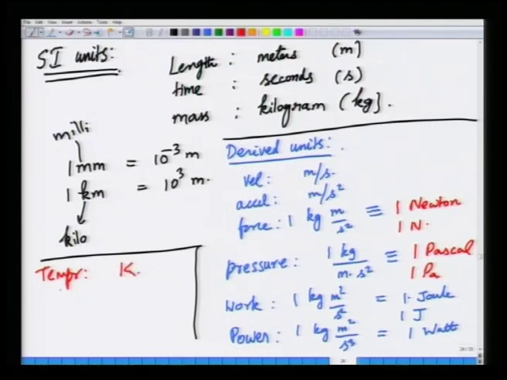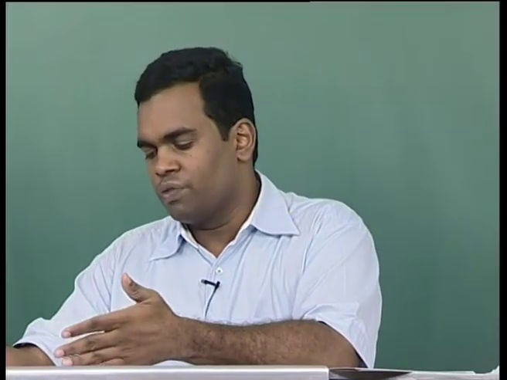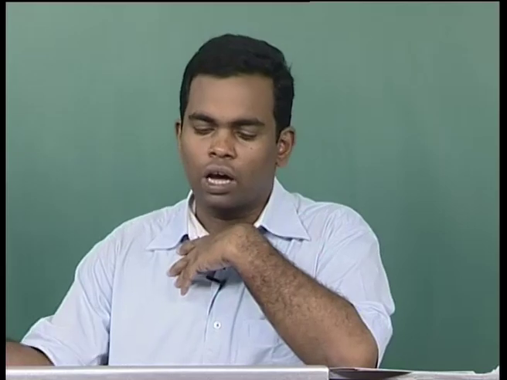That is unique to SI units. It is not measured in centigrade, it is measured in Kelvin, denoted only by the letter K. So, you could report room temperature as 300 K for example. So, you could convert all these various quantities to other unit systems.